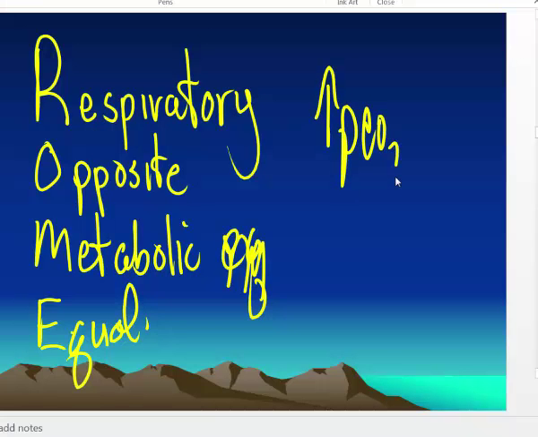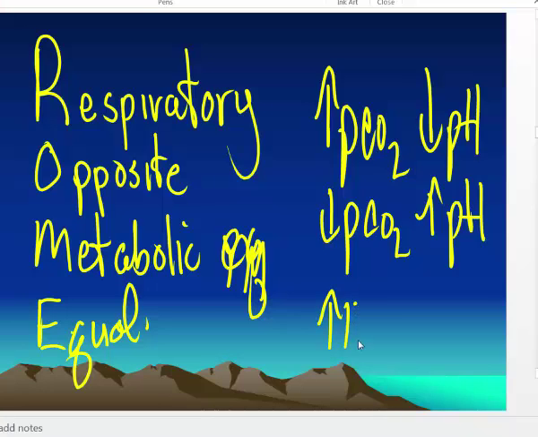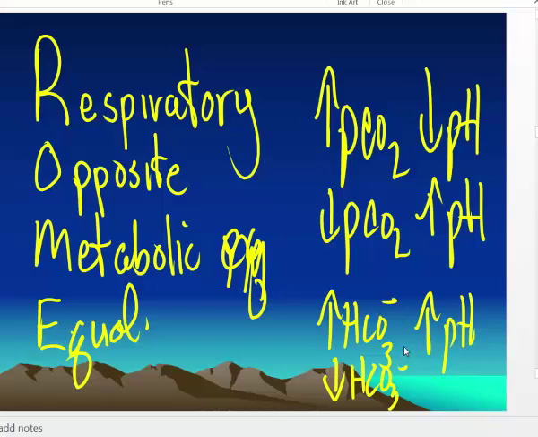That means when the PCO2 is elevated, that drops your pH. If the PCO2 is low, that increases your pH. That's respiratory opposite. You got me? Metabolic equal means when your bicarbonate is up, your pH is up. When your bicarbonate is down, your pH is down. That's respiratory opposite, metabolic equal. Yeah?